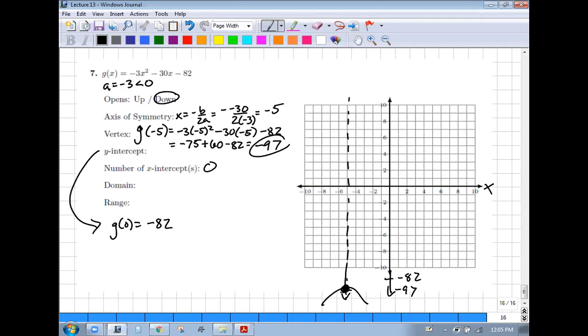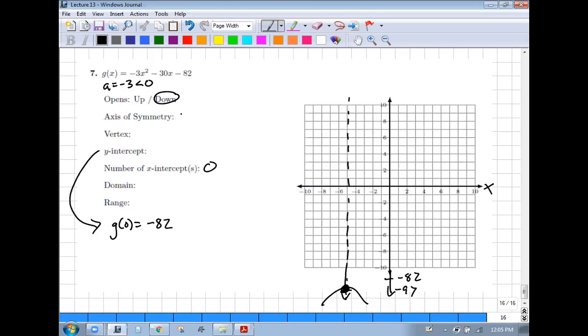Something's wrong, because this thing opens downward, it can't go up. That wouldn't make any sense. The y-intercept is at negative 82. That doesn't make sense because this thing would have to open upward. I did something wrong here.